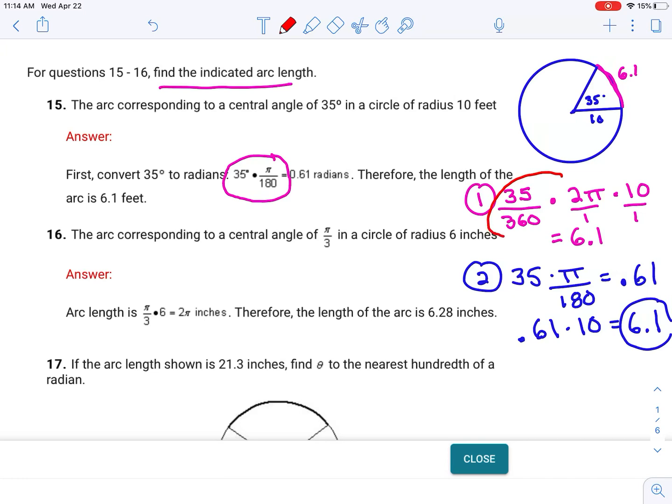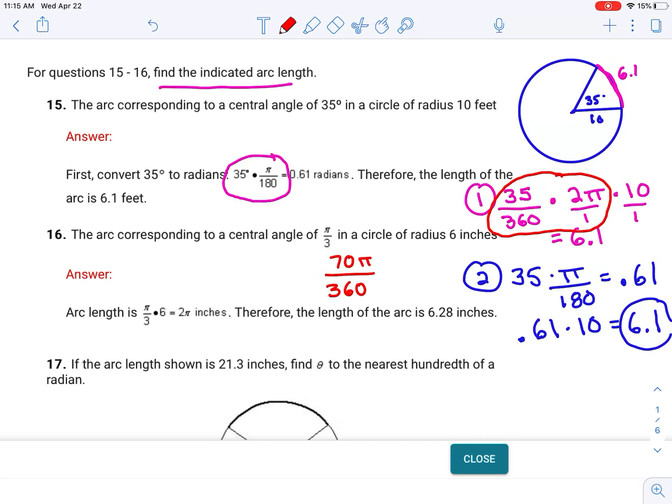I want you to look at this part of number 1, and I want to simplify that and show you what I get, okay? So if I go 35 times 2 pi, I get 70 pi. Try to stay with this. 70 pi over 360, okay?